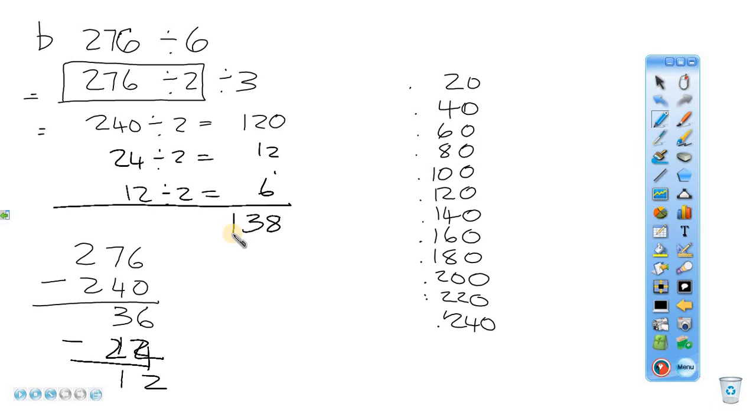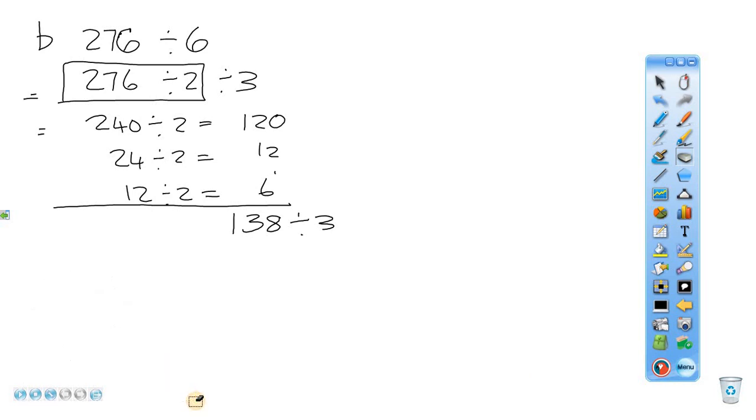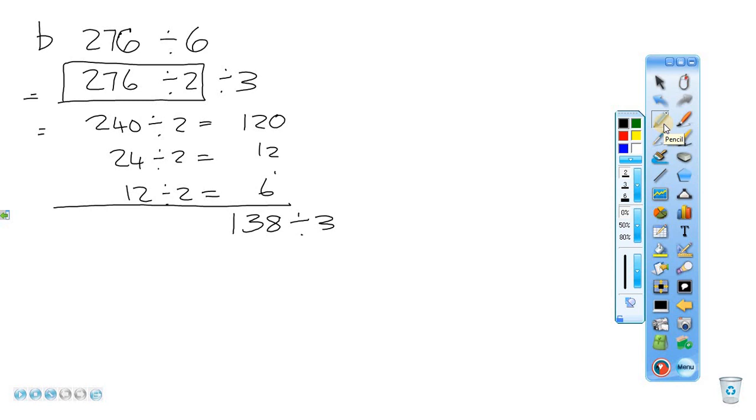Now we're just going to solve it with this one here, divided by 3. I just want to take out this 2 times tables one because we are done with that one now. Okay, guys. Now you're looking at it as a normal divide by 3 sum. First step to division. Okay, let's write it together.